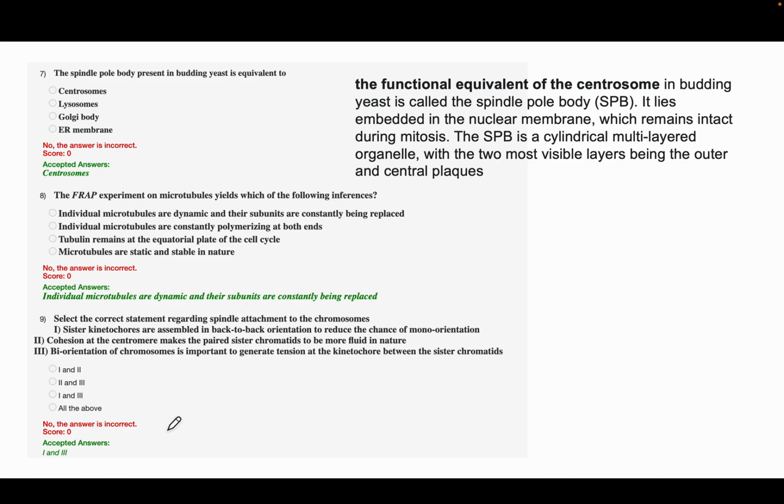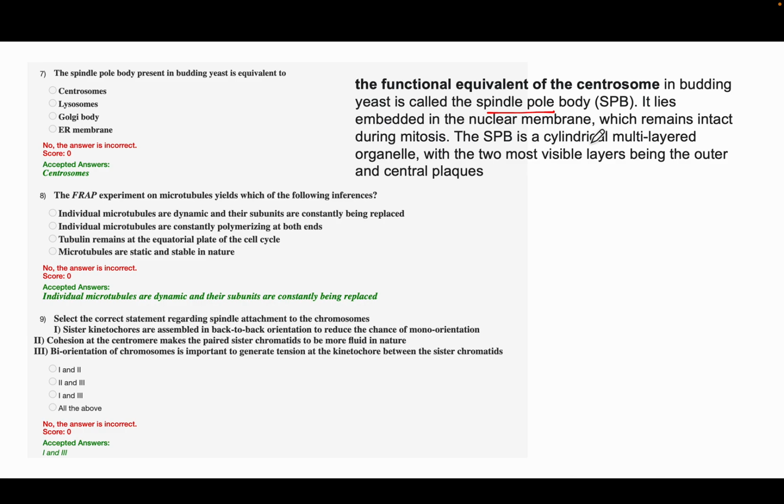The spindle pole body present in budding yeast is equivalent to centrosome, lysosome, Golgi body, ER membrane. So the functional equivalent of the centrosome in budding yeast is called the spindle pole body. It lies embedded in the nuclear membrane, which remains intact during mitosis.